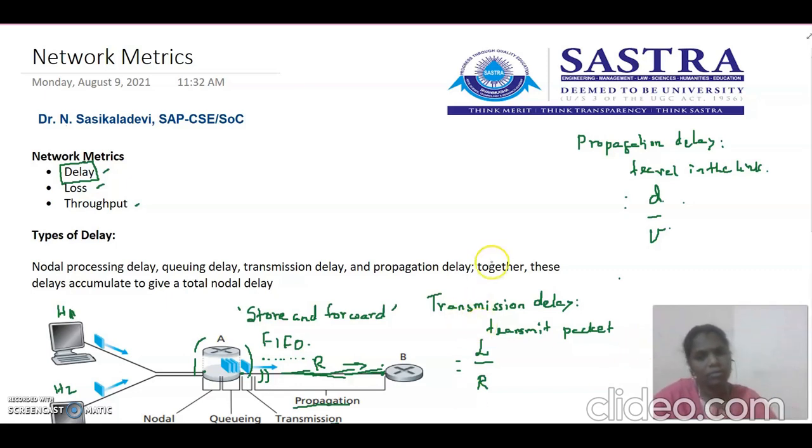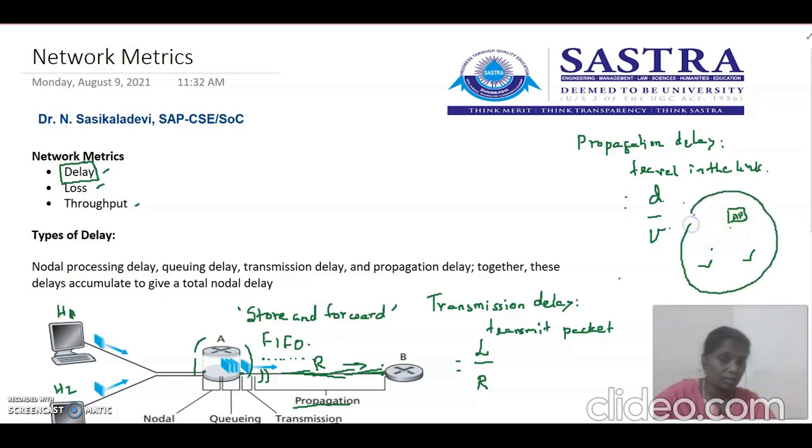For example, assume I have an access point and laptops. When we transmit the data to the access point, let us assume this is inside the coverage area, and here the channel is a vacuum or air wireless channel, because wireless is dominating the entire world.